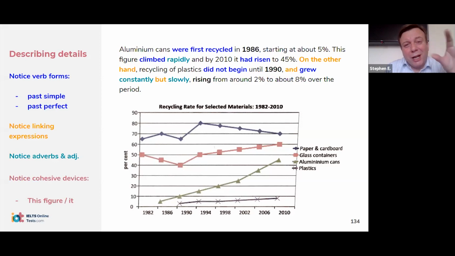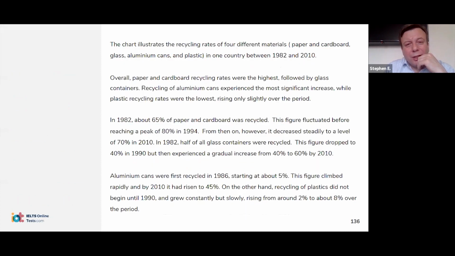So we've got a good range of vocabulary again. So we've described everything very well. We've got enough data in there. And we've got good range of vocabulary. So there it is in all its glory.